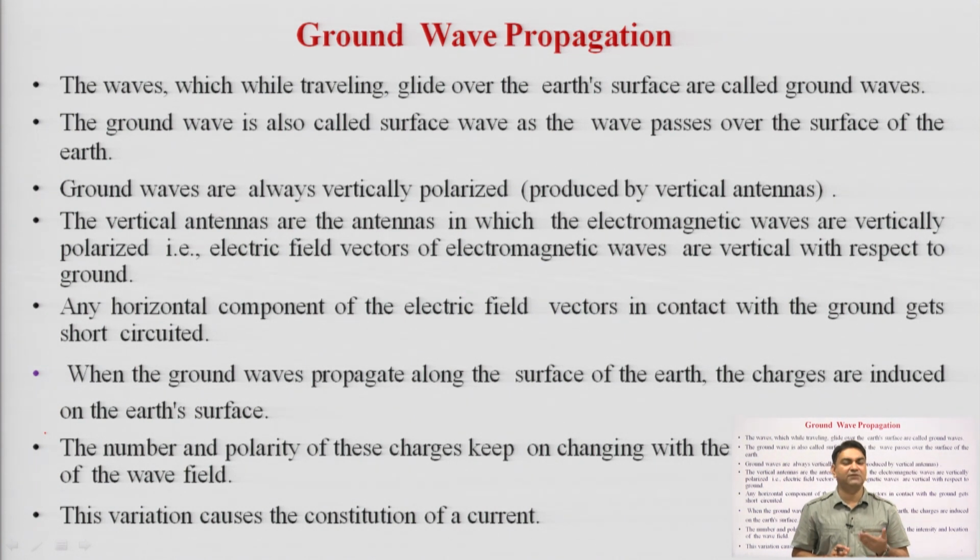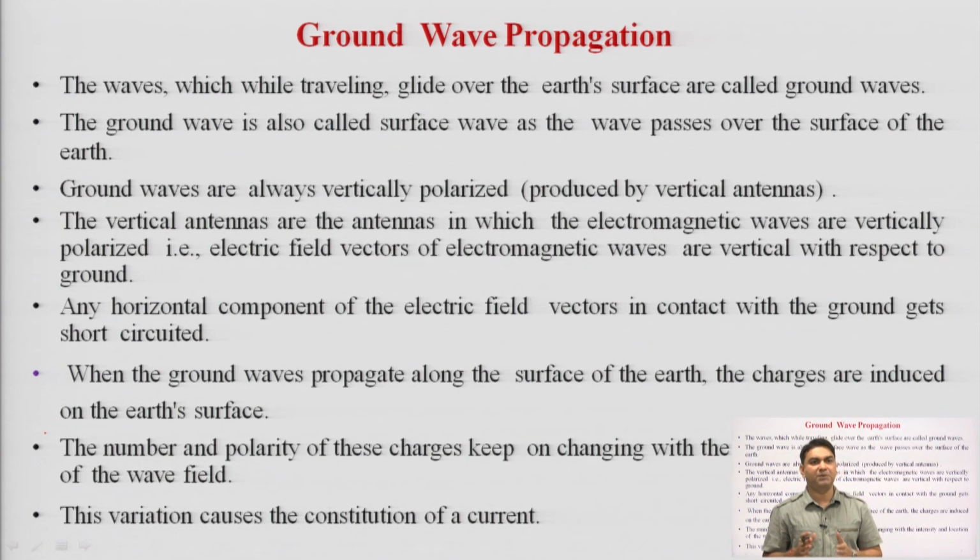They are in the form of tower radiators or vertical antennas. Any horizontal component of the electric field vectors in contact with the ground gets short circuited. This is the condition of vertically polarized waves.